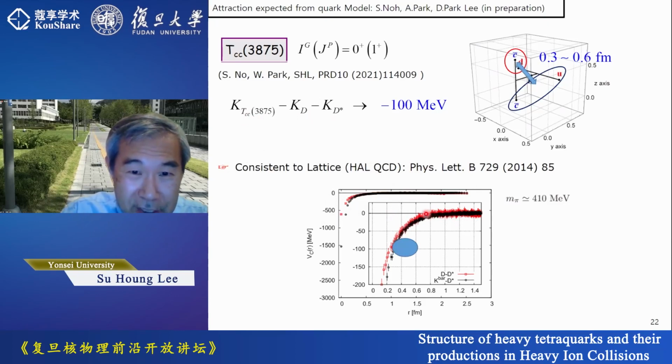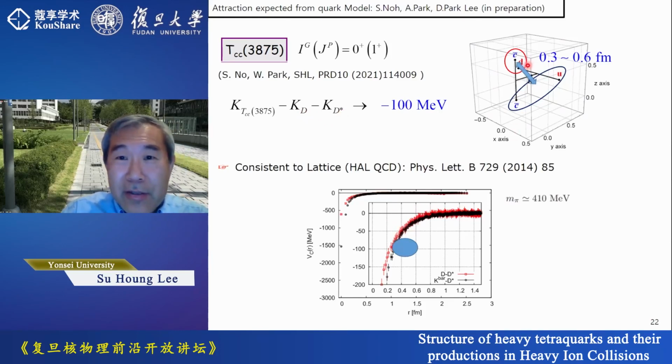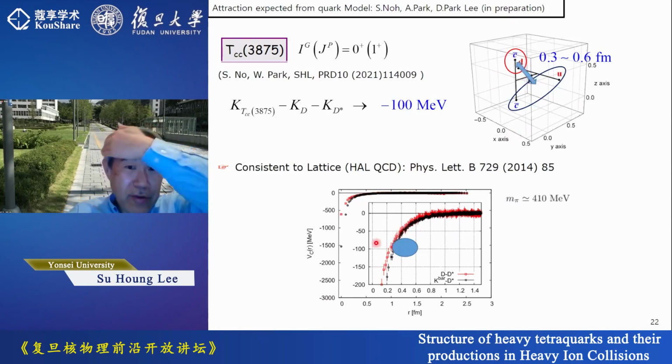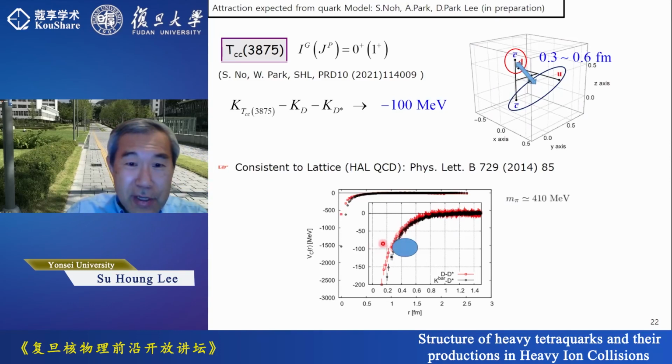And you will see that there is an attraction when the distance between D and D star gets smaller. And this is also, in fact, what we find in the quark model calculation at very short distance, and mostly coming from the color spin and color interactions. So you have an attraction.